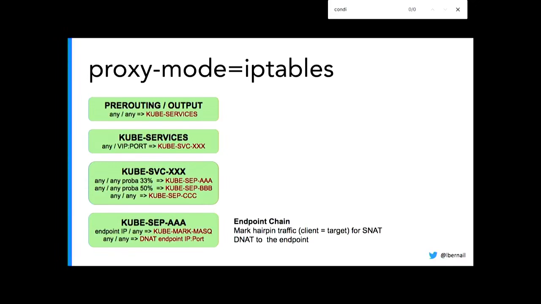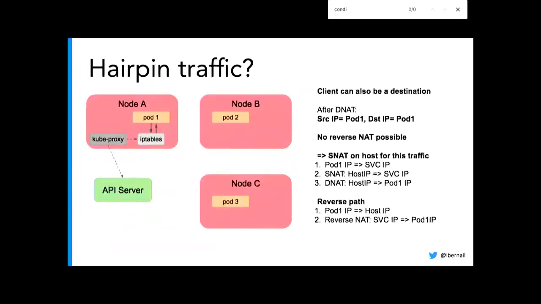So let's look into that, because this is a bit complicated. Imagine I'm in pod 1, and I want to access a service that's backed by pod 1 and other pods. If I just do DNAT, after DNAT, the traffic is going to have the same source IP and destination IP, and of course, this will not work great. So in that case, iptables does source NATting to the host IP, so traffic can be reverse NATed back to the destination.